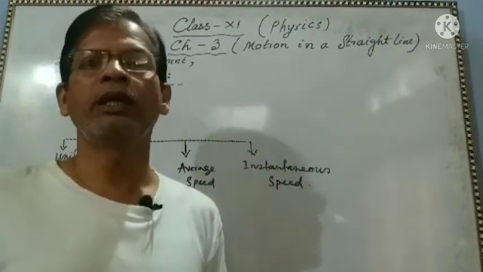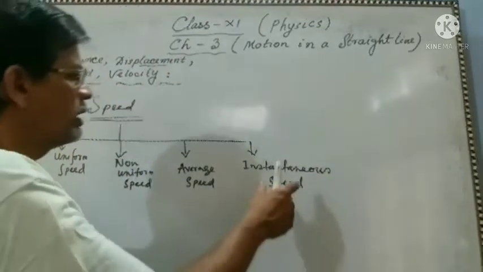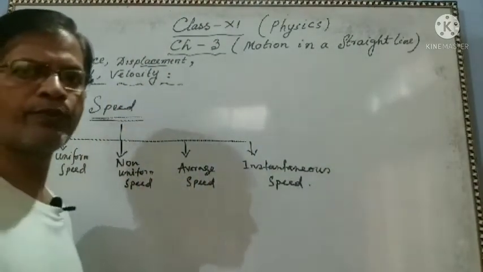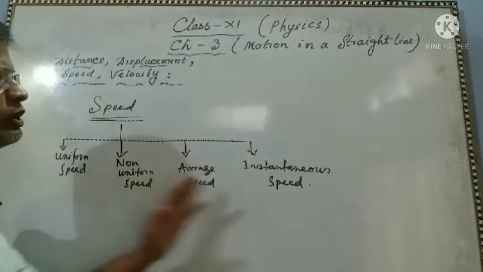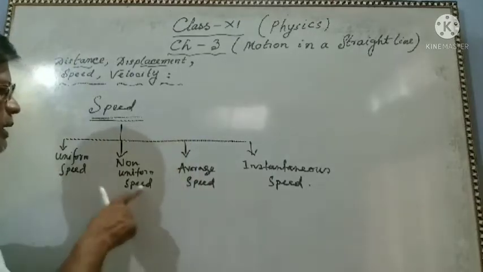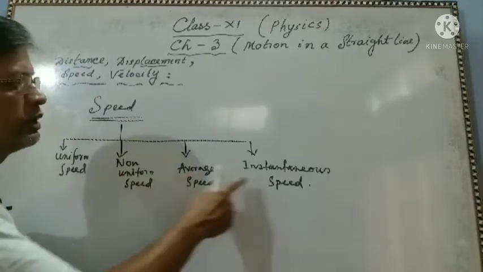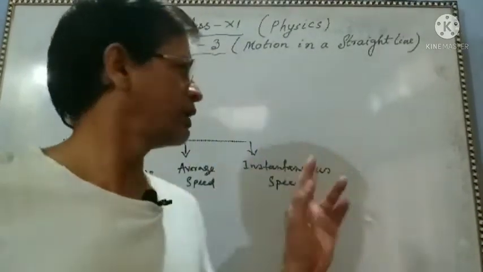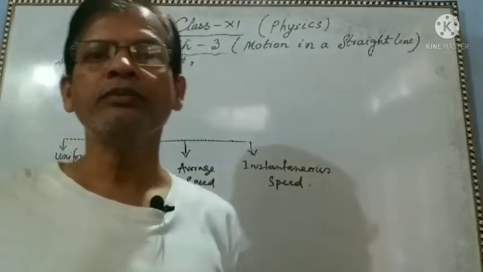Instantaneous speed is calculated only in the case of non-uniform speed. In the case of uniform speed, there is no need for instantaneous speed because it is always the same. When it is changing, we need instantaneous speed. The speedometer measures this instantaneous speed.